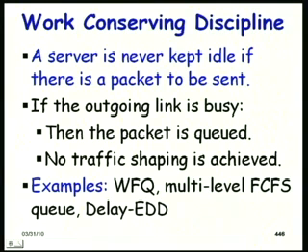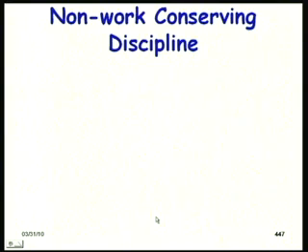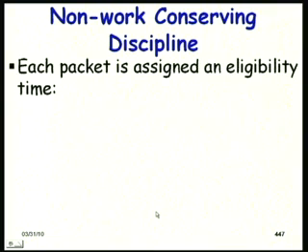So, the examples of a work conserving discipline are weighted fair queue, multi-level FCFS queue, delay EDD, the names of some popular algorithms. Now, on the other hand, a non-work conserving discipline: here even when the packet has come and got queued, there will be an eligibility time assigned to the packet.